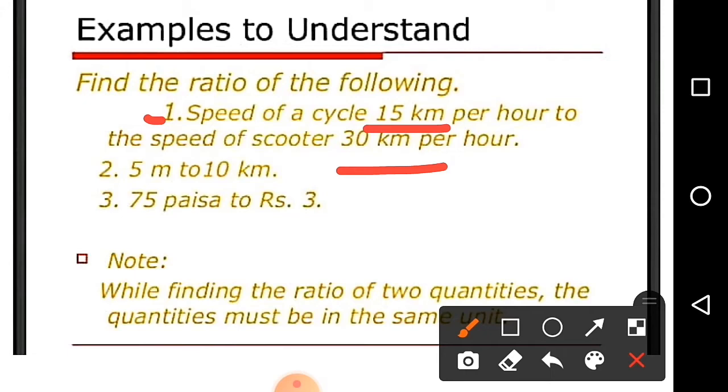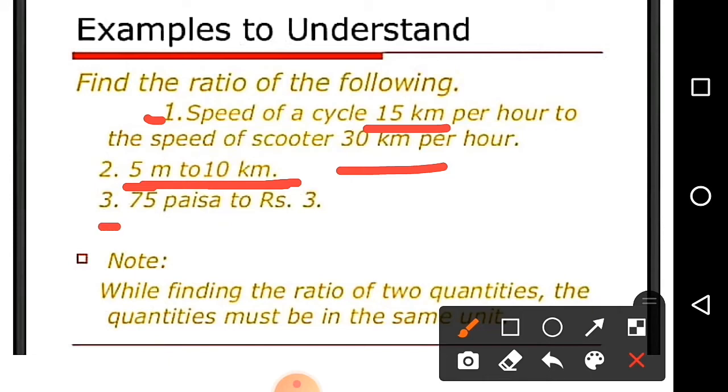Directly you cannot do the ratio. So here both are the same, so no problem. 15 kilometer and 30 is also in kilometer, so both are the same. Now the second question is 5 meter to 10 kilometer. If you see the second one, 5 is in meter and 10 is in kilometer, so here we need to convert.